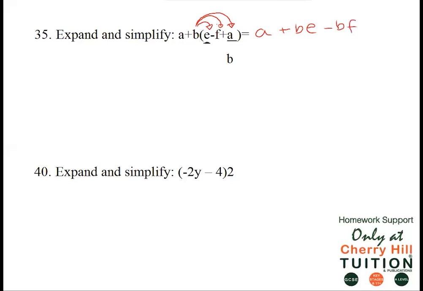And then we have b multiplied by a over b. So let's quickly just do this here. So we are doing b multiplied by a over b. Now this is the same thing as doing b over 1 multiplied by a over b. This gives us ba over b. And hopefully you can see that the b's cancel out, leaving us with just a. So we have plus a. Okay?